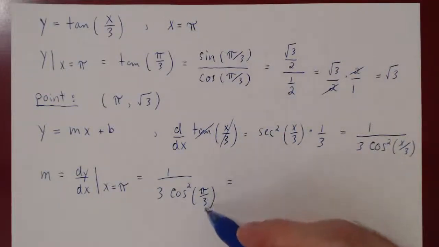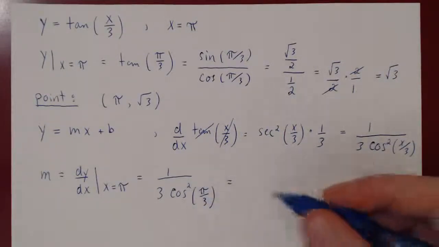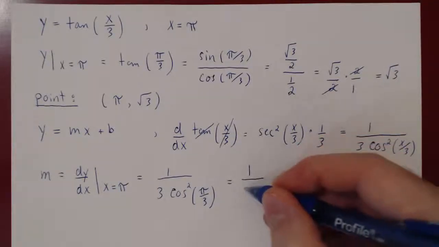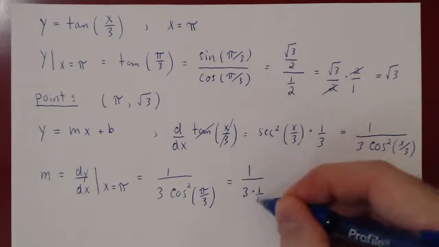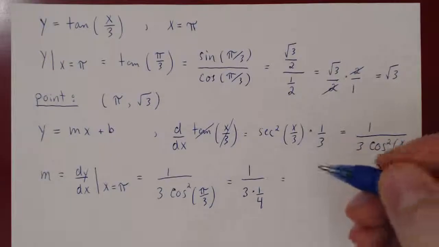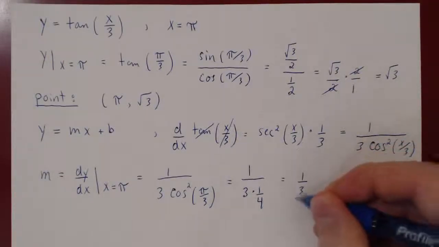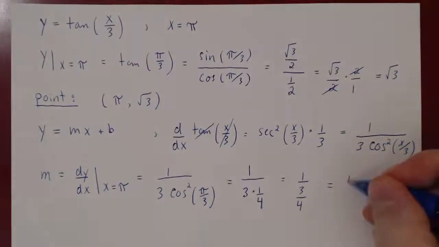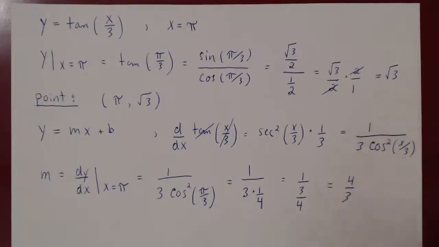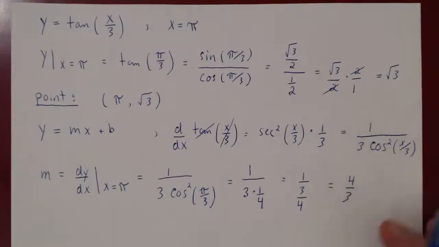So if cos of pi over 3 is 1/2, cos squared of pi over 3 is 1/4. So we'll have 1 over 3 times 1/4. But that's 1 over 3/4, and that's just equal to 4/3. And so now we have the slope of our tangent line. At pi, the slope is 4/3.